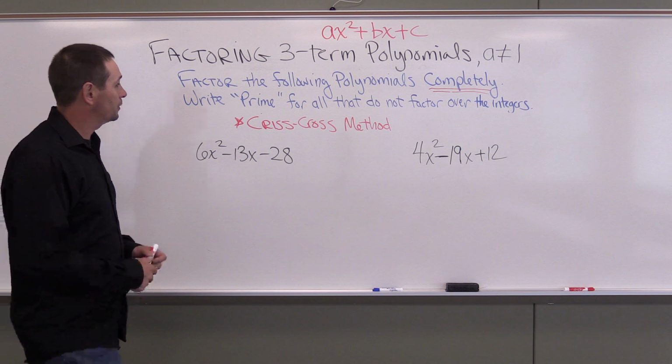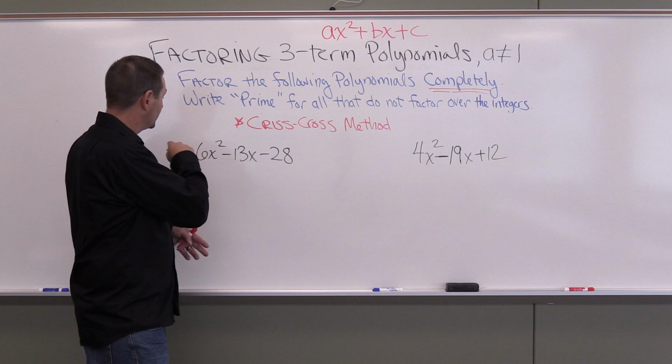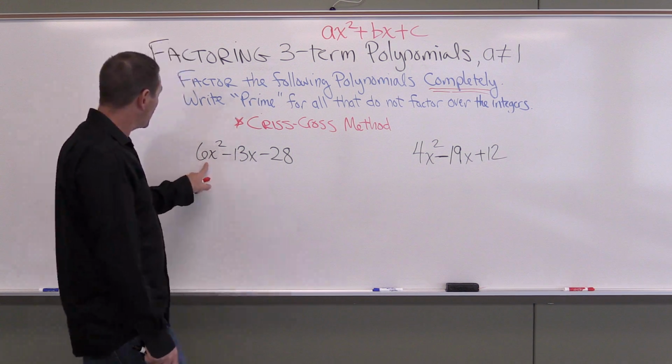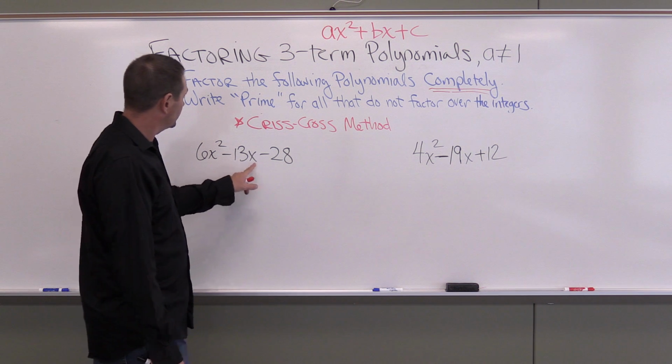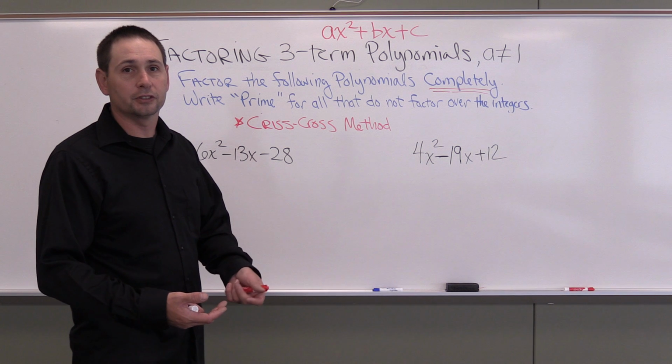So the crisscross method basically says, when you look at this, we'll do exactly what it says. I look at the front terms, and I go, okay, what multiplies to be 6x squared? And I'll list a couple of factors down here. You can just jump into listing them.